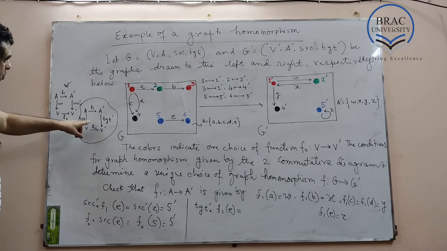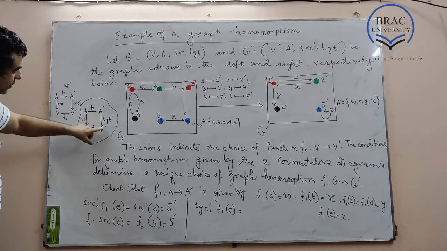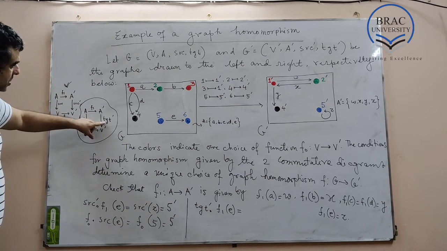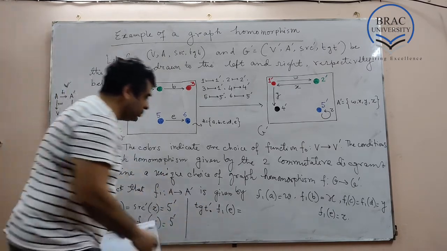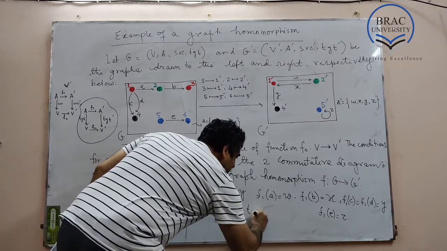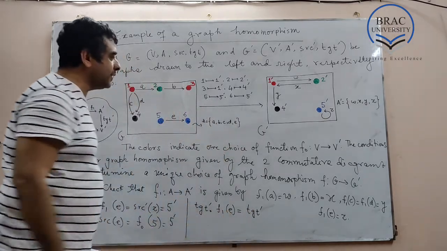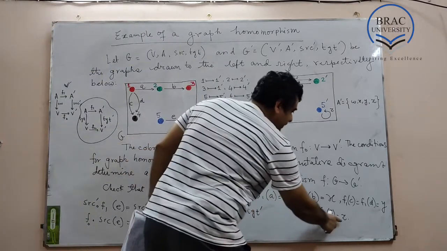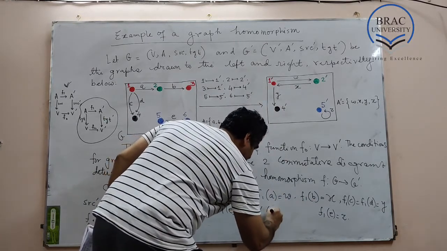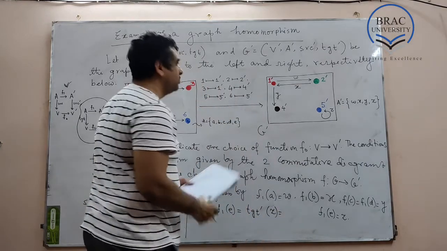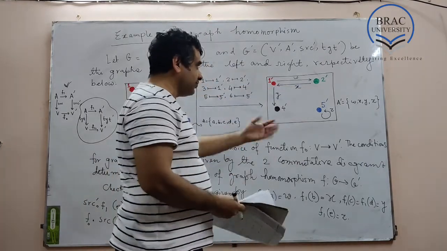So we go from A to V prime via this path, so TGT prime composed with F1 acting on E is equal to TGT prime of F1 of E. F1 of E is Z. So TGT prime of Z is equal to 5 prime because Z is a loop.